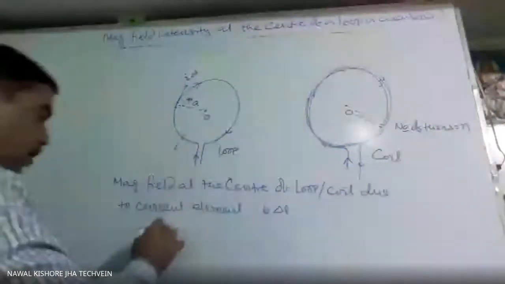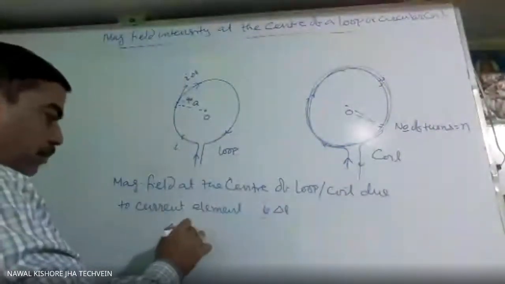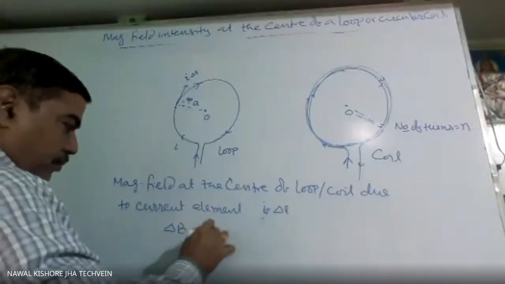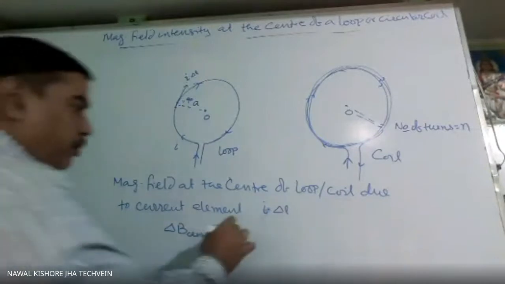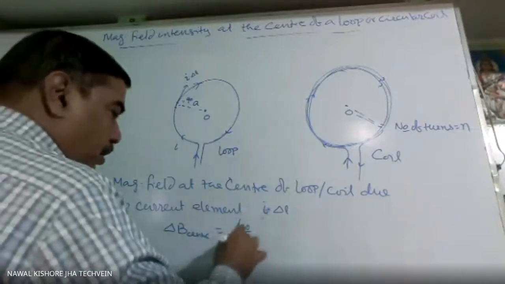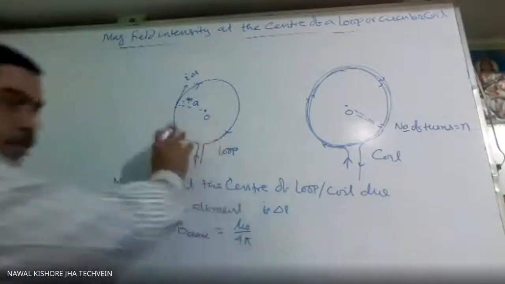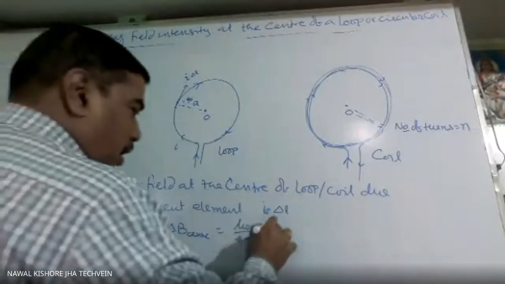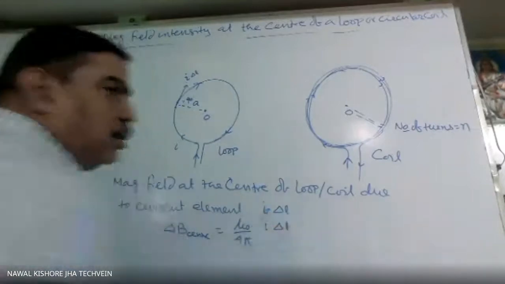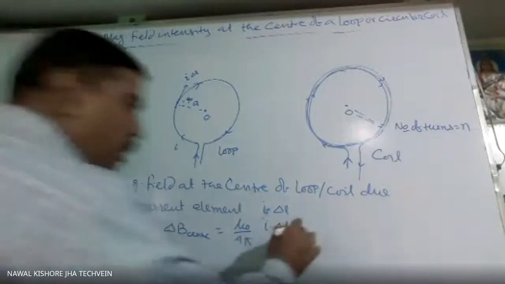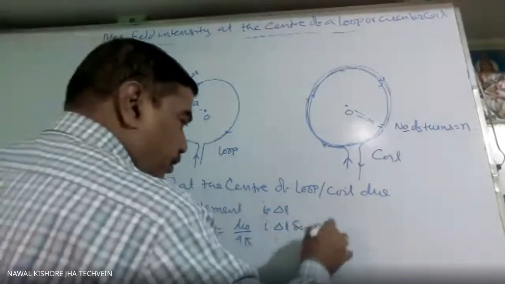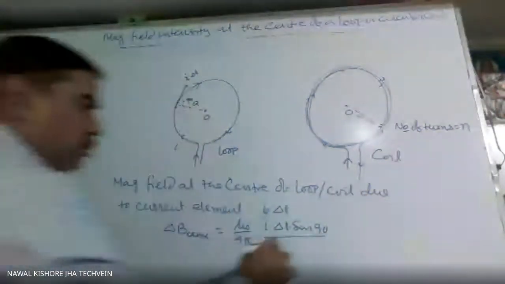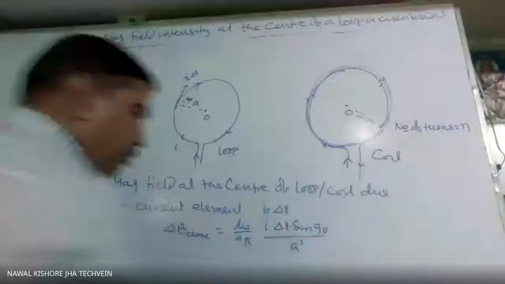If you are giving the symbol, delta B at the center will be mu naught over 4 pi, if it is in air; if any other medium, then mu naught mu r will also come, I delta L, sine 90 will come, the angle between this and the distance, and the square of the distance will be A square only.